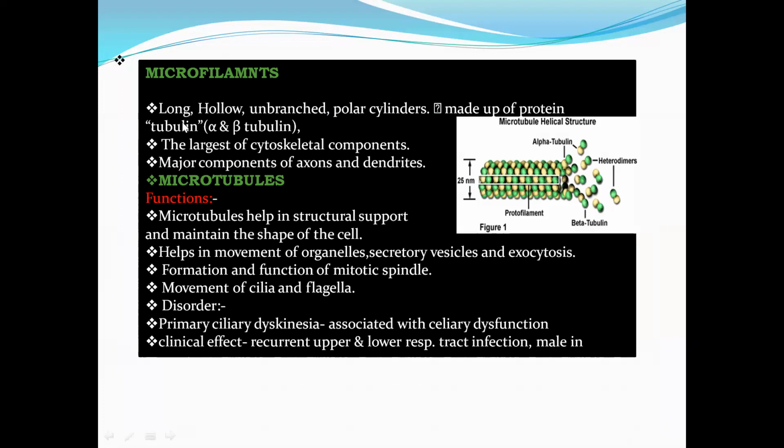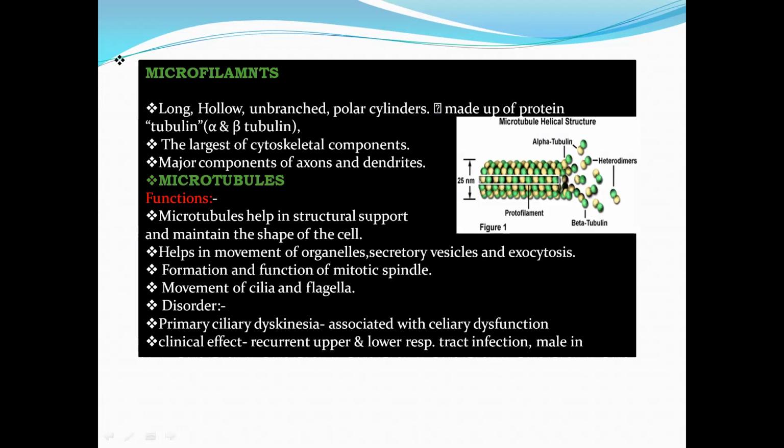The next question can be the largest part of the cytoskeleton, which is the microfilament. Another question can be that it is a major component of axons and dendrites. These are some questions which can be asked from this slide.